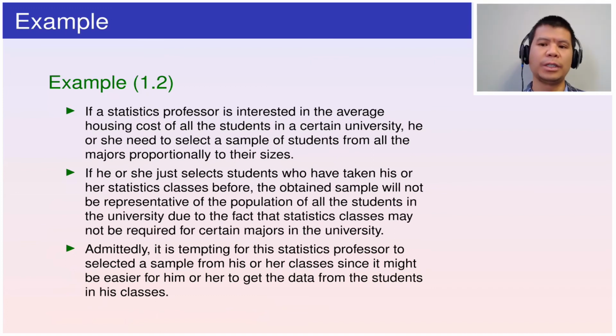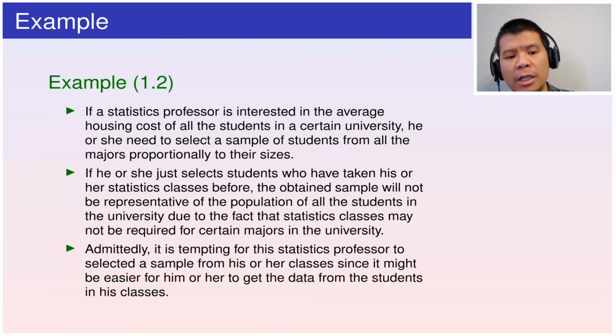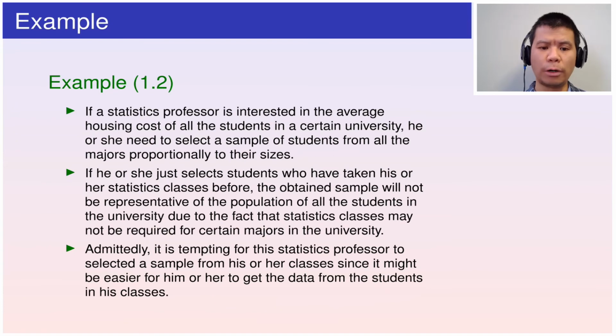If he or she just selects students who have taken his or her statistics classes before, in this case, the obtained sample will not be representative of the population of all students.